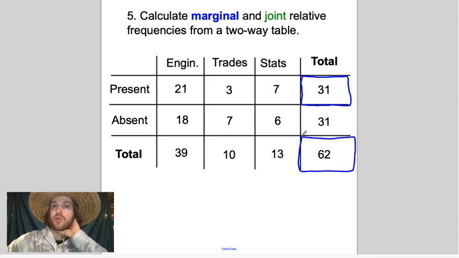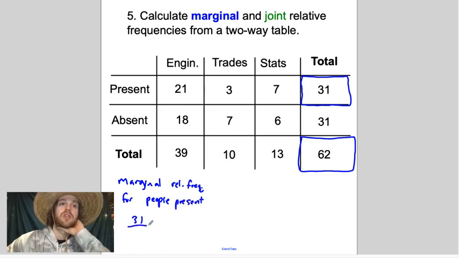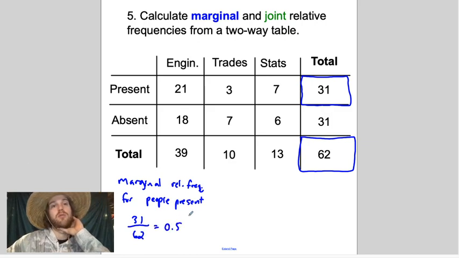So the marginal relative frequency for people present is 31 out of 62, which is 0.5.